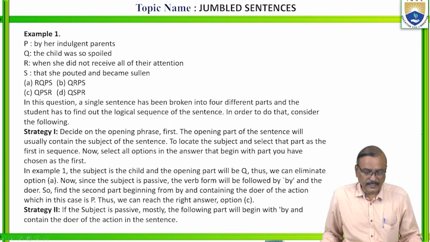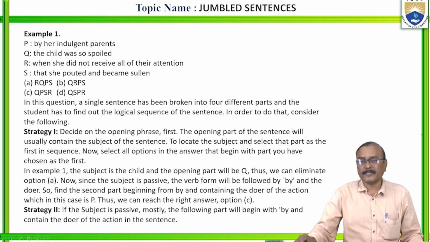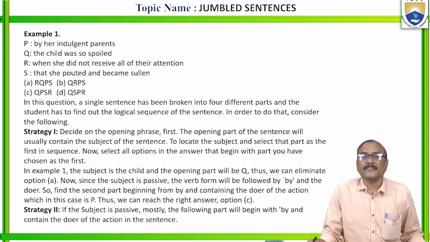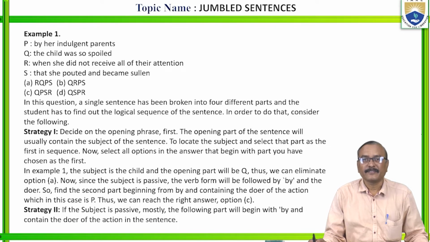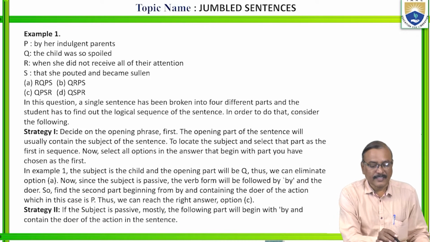Example: by her indulgent parents, the child was so spoiled, when she did not receive all of their attention, that she pouted and became sullen. What is the first part here?